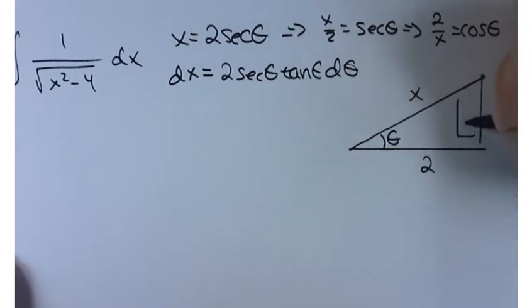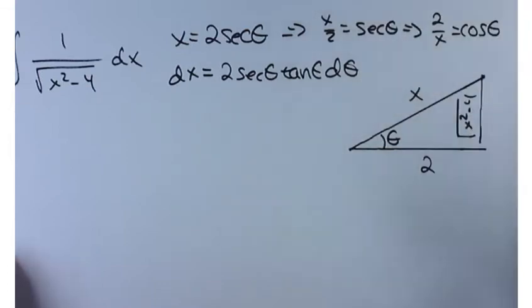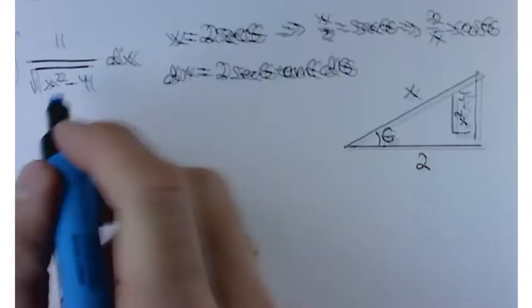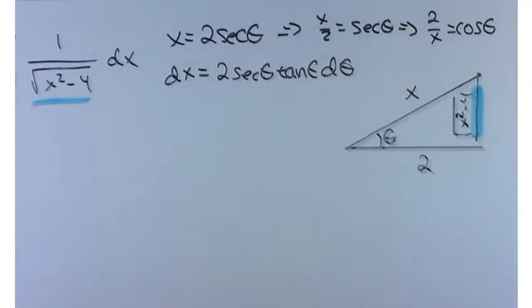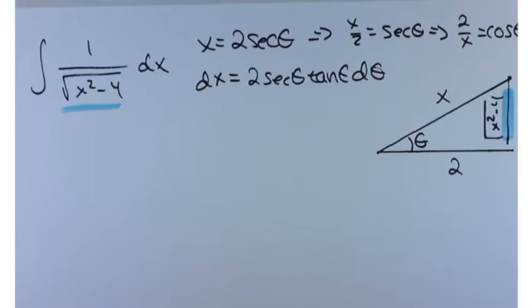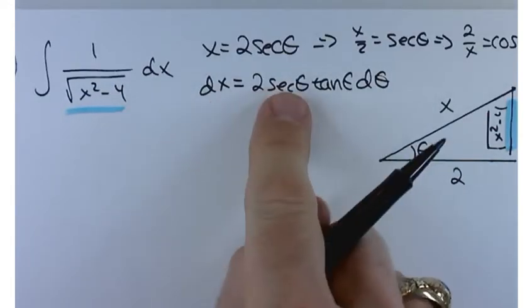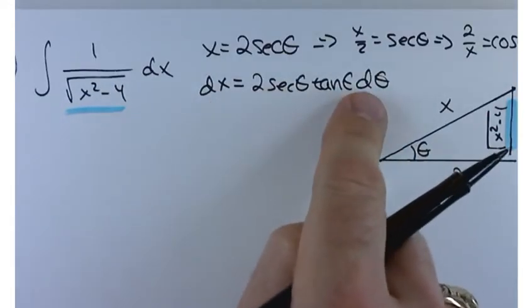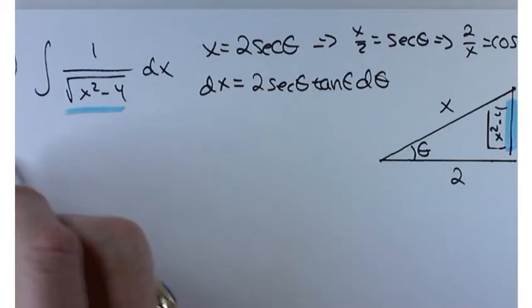Let's proceed with the substitution. dx is 2 secant theta tangent theta d theta. So I'll put that up top: 2 secant of theta, tangent of theta, d theta, over the square root of 2 secant of theta squared minus 4.